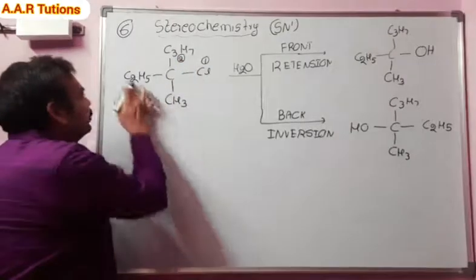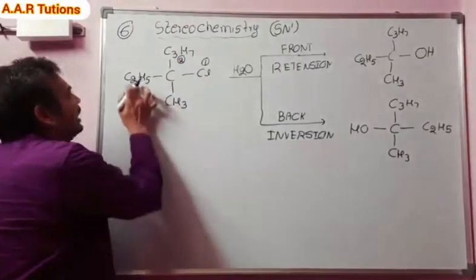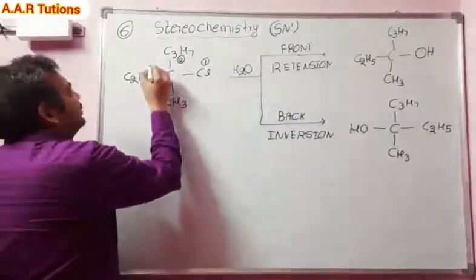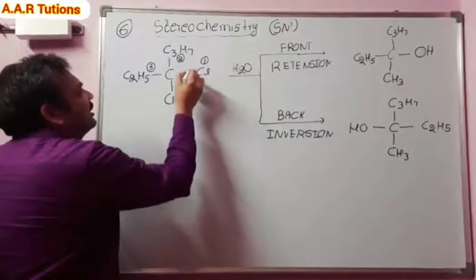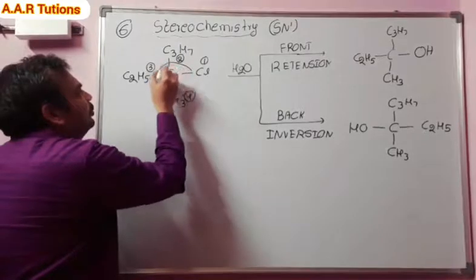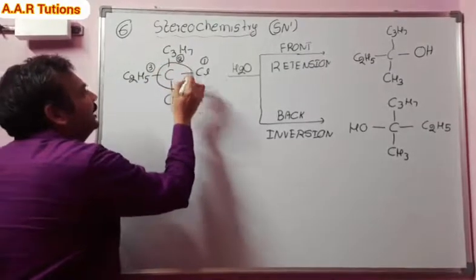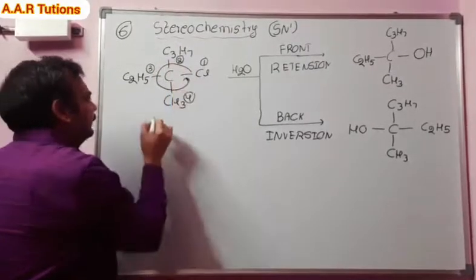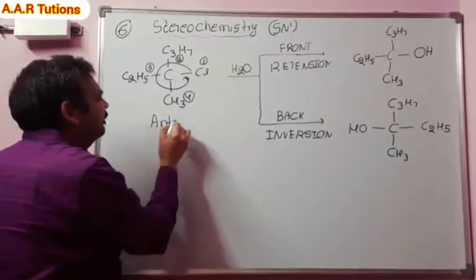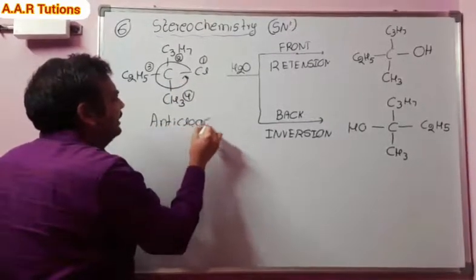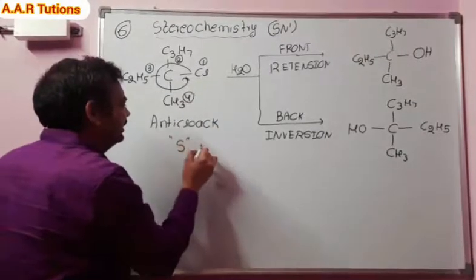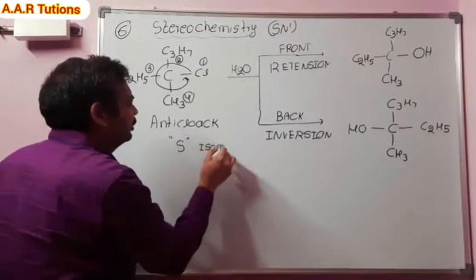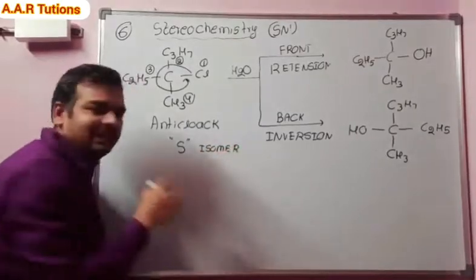The remaining two: one has only one carbon, the other has two carbons, so the atomic weight is more here, and this is the fourth group. Draw a line from 1, 2, 3 and 4. This is the anti-clockwise direction, so it is the S isomer. The alkyl halide that we have taken is the S isomer.